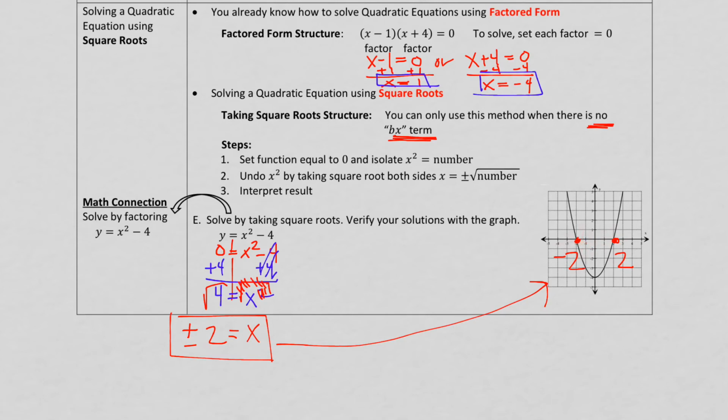Guys, to finish briefly, to make another connection to factoring, if we look at the exact same problem, and instead of solving by taking square roots, I factor it, look at what happens here. Again, let it equal 0. At this point, if you look at this quadratic structurally, it is going to be the difference of squares.